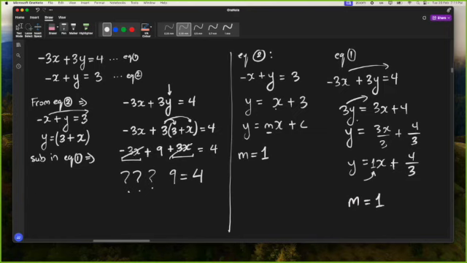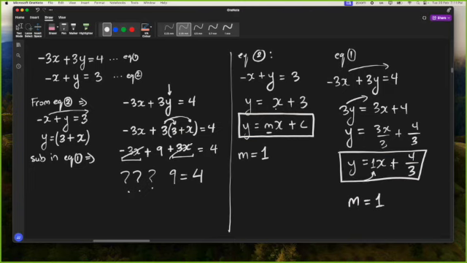So when we put these two lines in the form of y is equal to mx plus c, for both of these lines, we get m being the same thing.